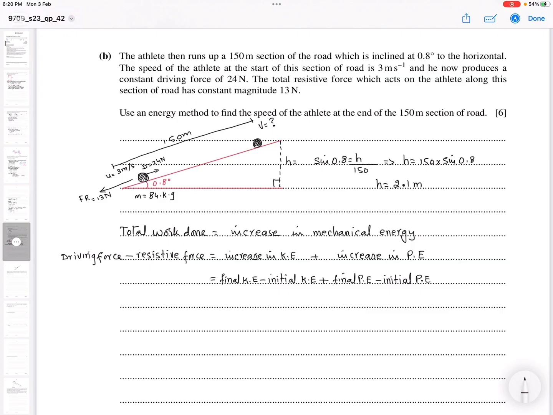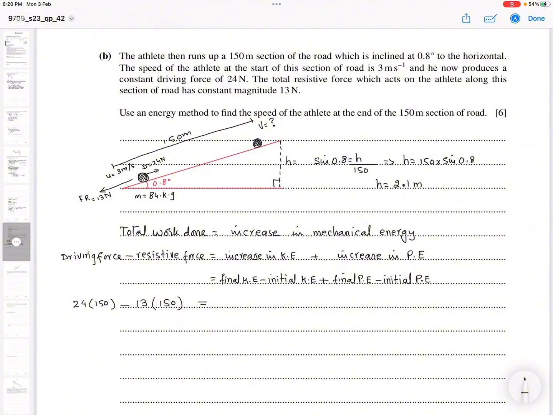Our driving force work is F d, force into distance. So let's start writing it from here: 24 times distance 150, minus resistive force 13, which is opposite, times its distance, the same 150.